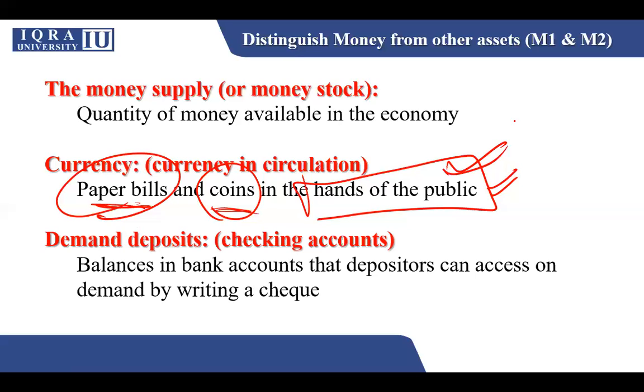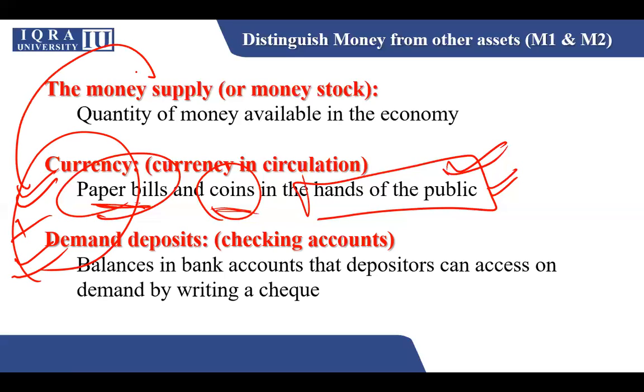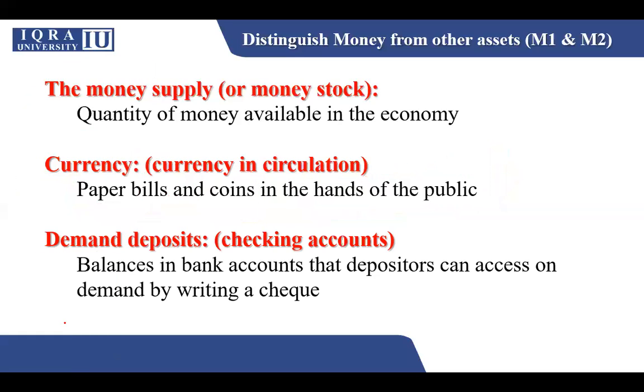The next form of money supply is the demand deposit. So currency and demand deposits: when you combine both of them, it becomes money supply. What are demand deposits? The other name is checking accounts, which are widely used in America and in Europe.